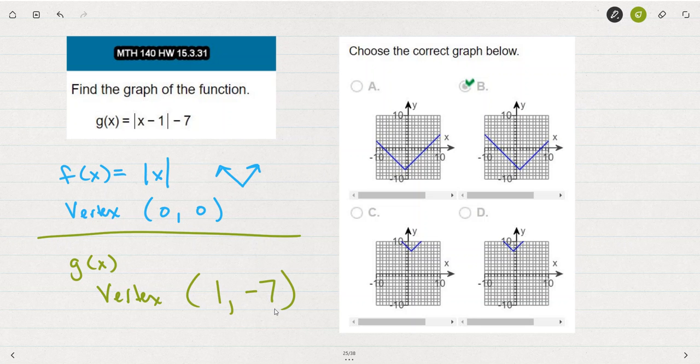So if I find the graph that has a vertex at positive 1, negative 7, I can see that this is the only right answer. The others shift the vertex differently.